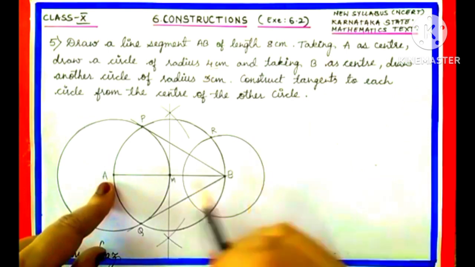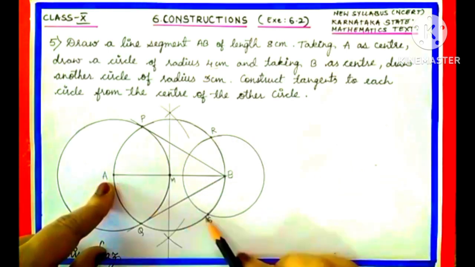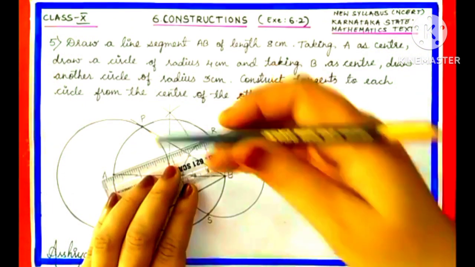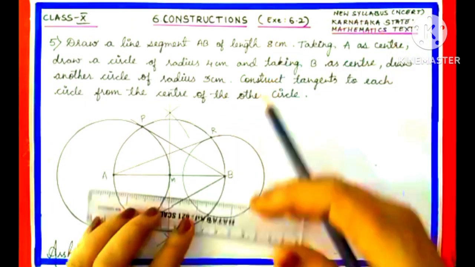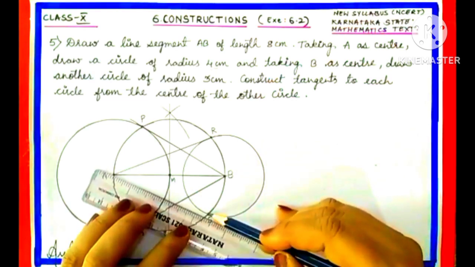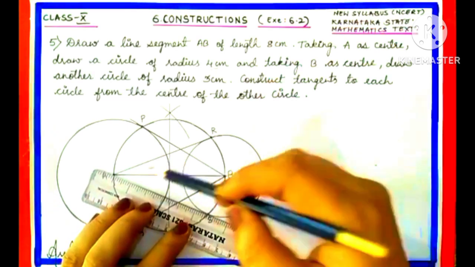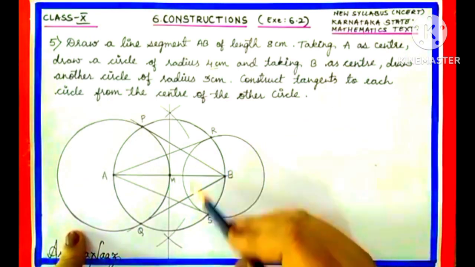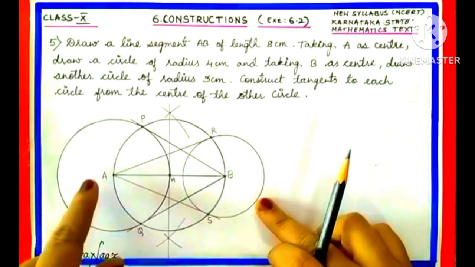For this we have to join AR and AS. This is AR and this is AS. Now we got another two tangents to this circle from the point A.